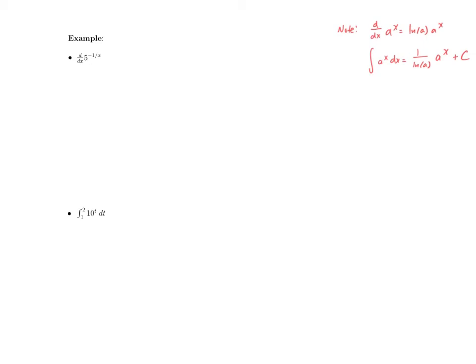And in the first one, using the chain rule to differentiate 5 raised to the minus 1 over x, I find that it's challenging to just visualize this at first. So let me go ahead and write some extra details that you most certainly do not have to include, just to really illustrate how that chain rule is being used. So we can think of this as being a derivative of a composition, f of g of x.